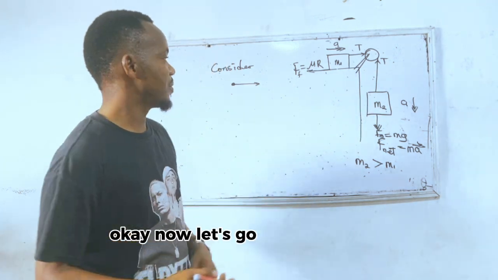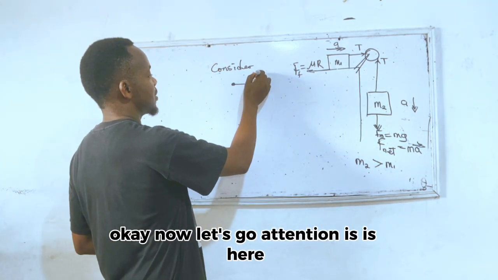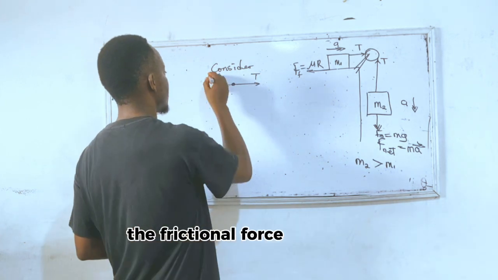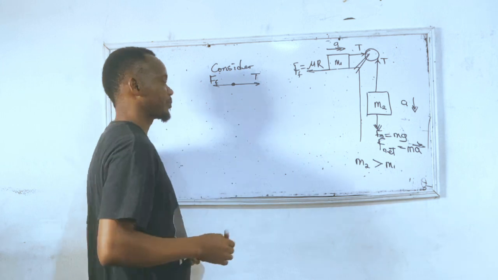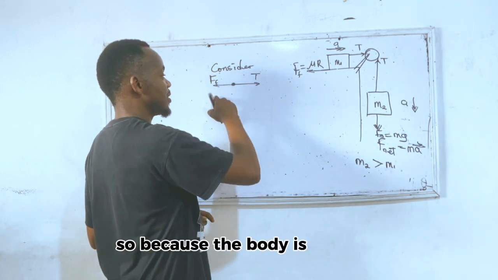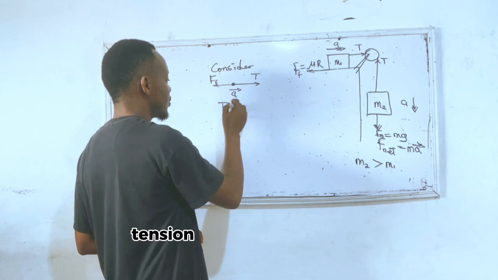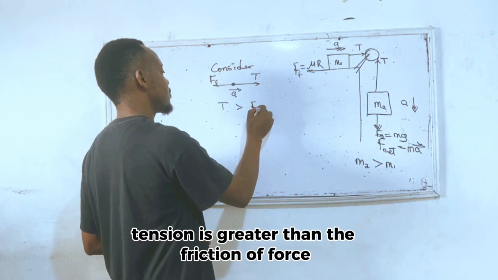The tension is here, while the frictional force is acting backward. Because the body is moving, with acceleration tending this way, it means that tension is greater than the frictional force.